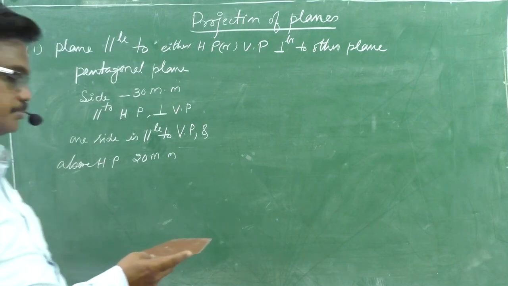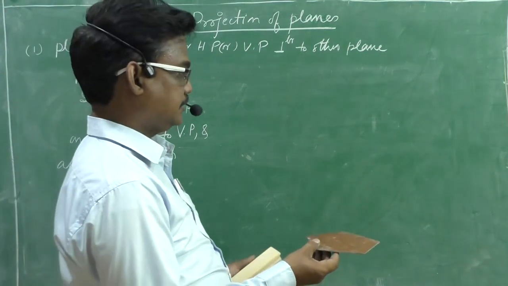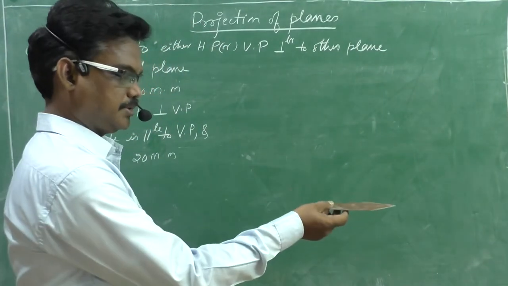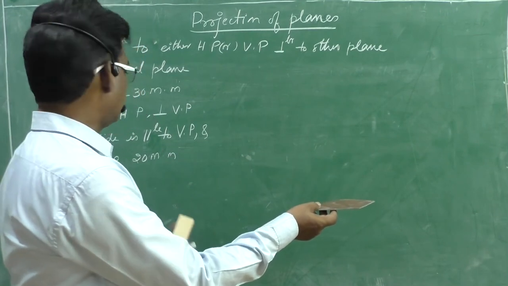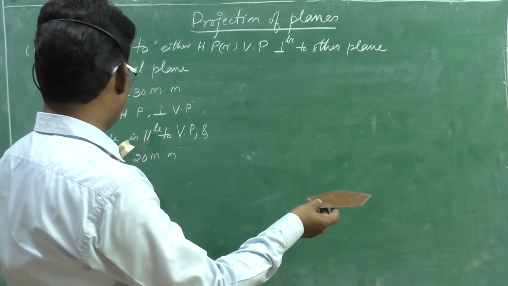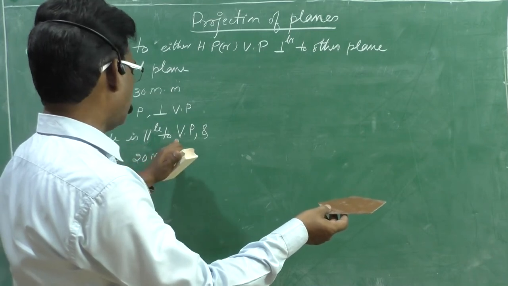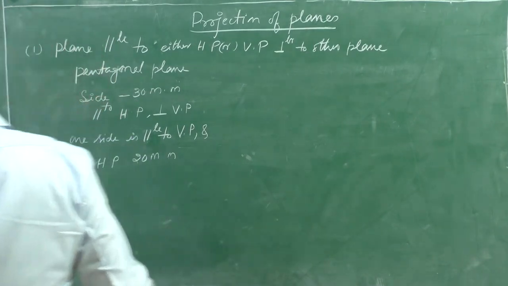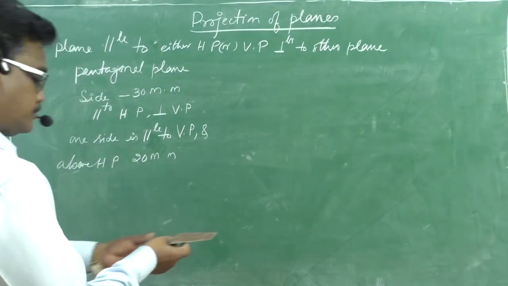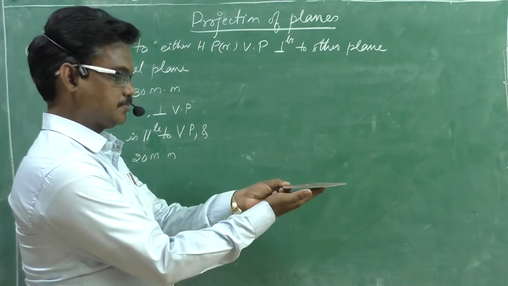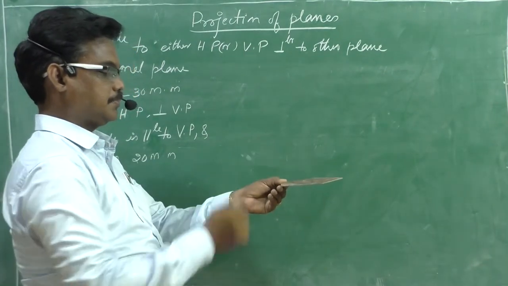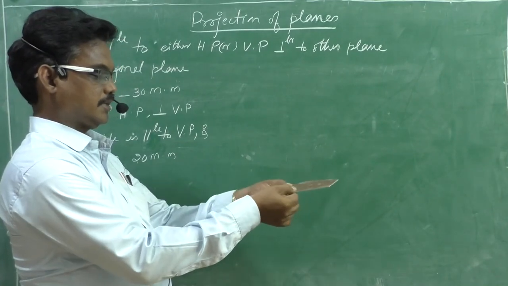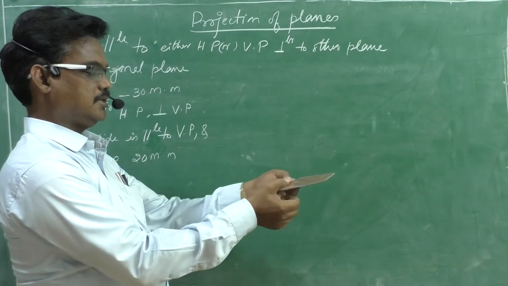This is the pentagonal plane, and here it is above, parallel to HP, perpendicular to VP. This is the position. And one more condition is given: one side is parallel to VP. In this position, when the plane is parallel to HP and perpendicular to VP, we can consider the plane like this in any position.